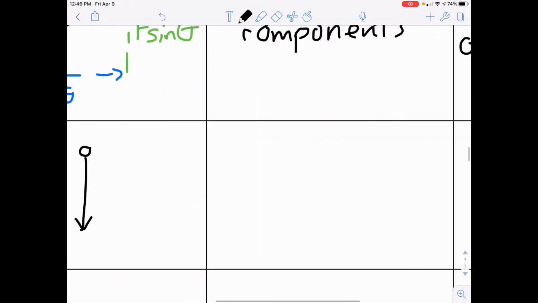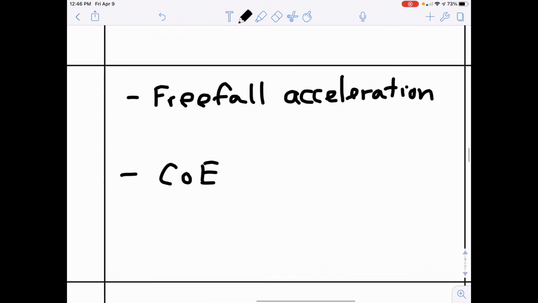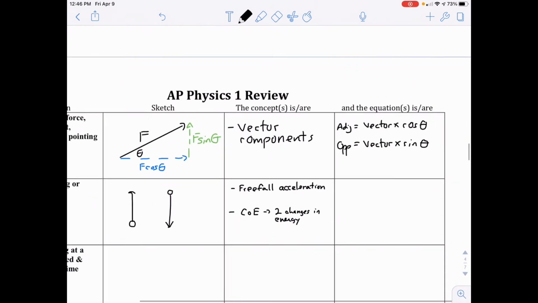That could be a free fall acceleration example if we're talking about kinematics and kinematic variables such as distance, time, acceleration, and velocity, or it could be conservation of energy, simply because a rising or falling object has a change in kinetic energy and a change in gravitational potential energy. Remember, in order to be a conservation of energy concept, there must be two changes in energy. And that's definitely true in this example.